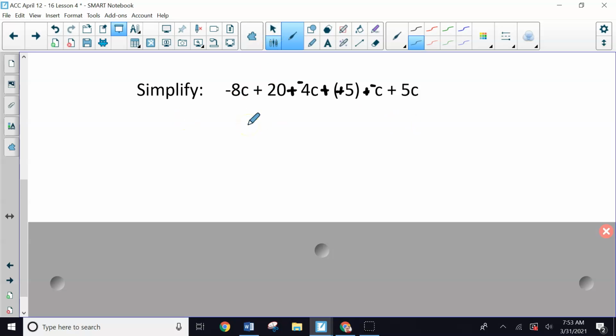Now you don't have to necessarily write all these together. In fact, you might just want to maybe circle them if they're on paper. I would always write them on paper to keep track of them. Circle them, include that symbol with it. This is negative 1c right here, and this is a positive 5c. So here we have negative 8c, a negative 4c.